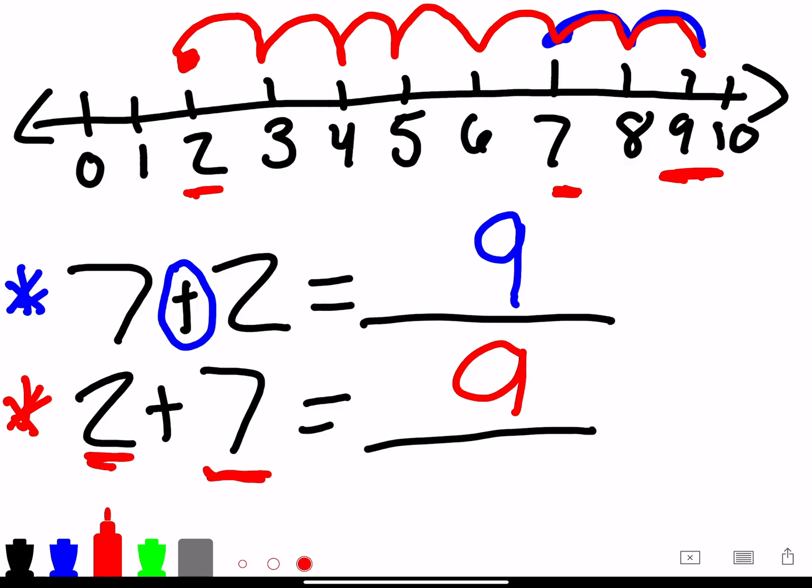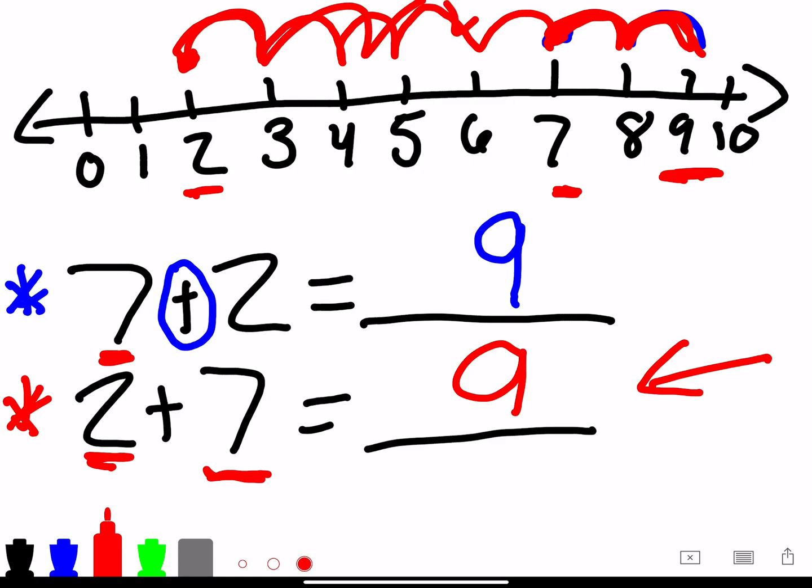But I will recommend, if you want to do it the quickest way, I would put the dot on the biggest number. So for example, 7, because you can only move 2 times. It's less work, and it was quicker to do the first problem than the second problem, because there you're going 1, 2, 3, 4, 5, 6, 7.